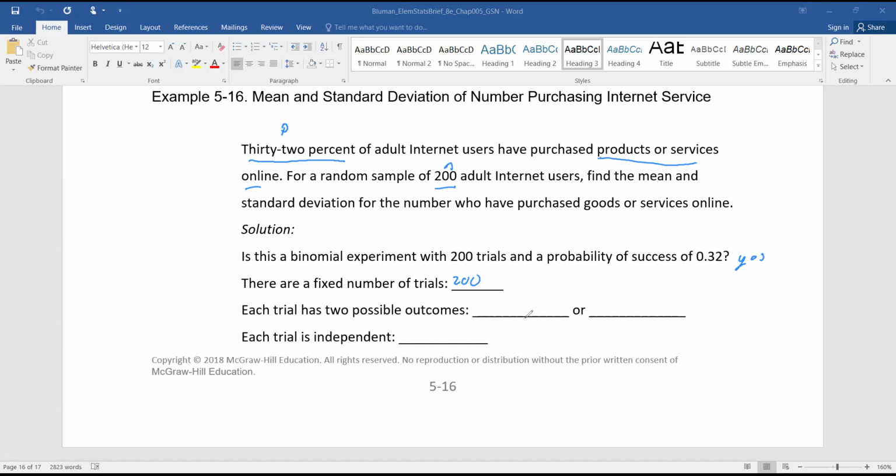They either purchased or did not purchase these internet services. Each trial is independent. So if I use internet services, that's not going to affect the next person who is going to be using internet services. All right. After that, let me scroll down, get the rest of it.